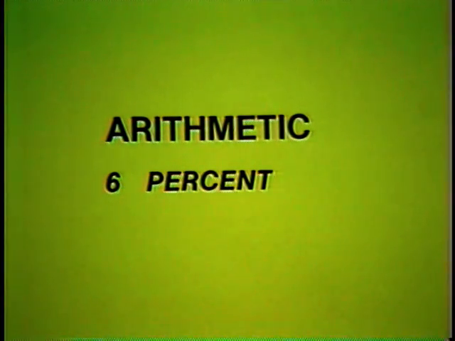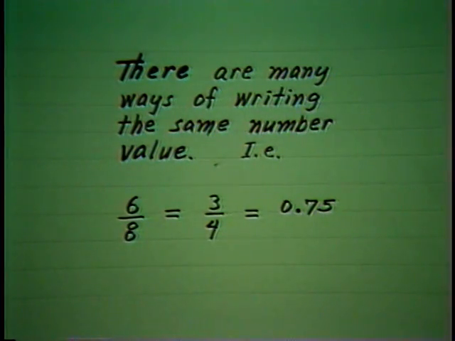Throughout this next chapter on percents, always keep your mind dwelling on one central idea, and it will help keep much of your work simple in concept. And that idea is that there are many ways of writing the same number value.